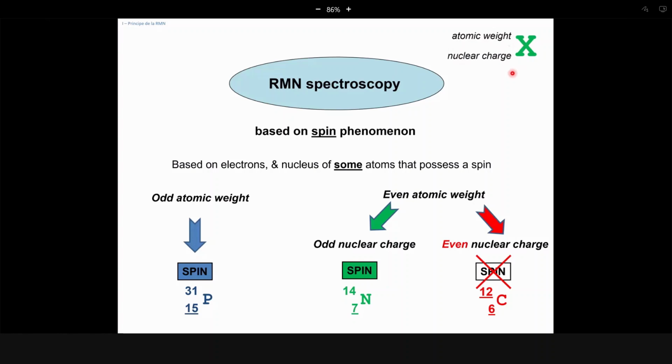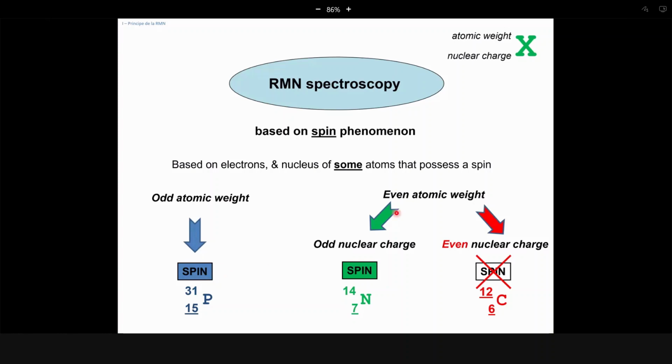Depending on their values, we will be able to have NMR or not. The first case is when the atomic weight is odd, and then you will have a spin number, just like phosphorus, where the atomic weight is 31. So we will be able to have the NMR spectrum for phosphorus.